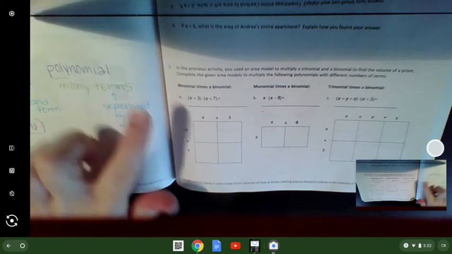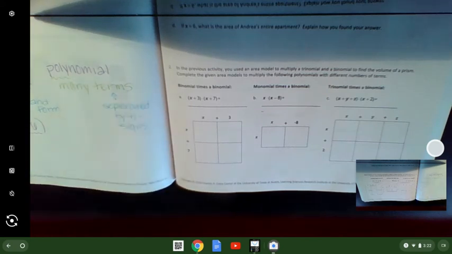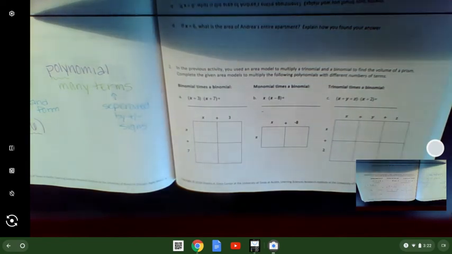Now, as I said over here, in math, you're going to end up dealing with one term, two terms, and three terms a lot. So they have their own names, which actually makes sense. If you think about riding a bike, when you first learned how to ride a bike, you probably learned how to ride a tricycle. We know the prefix tri means three.